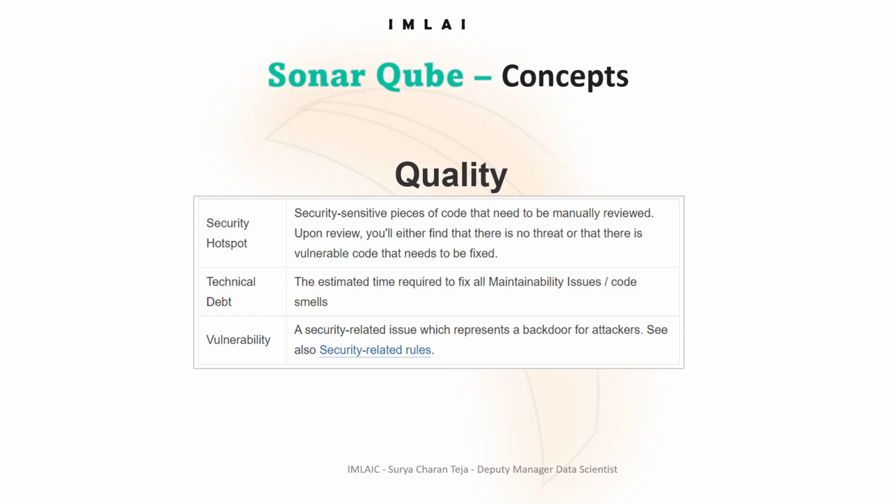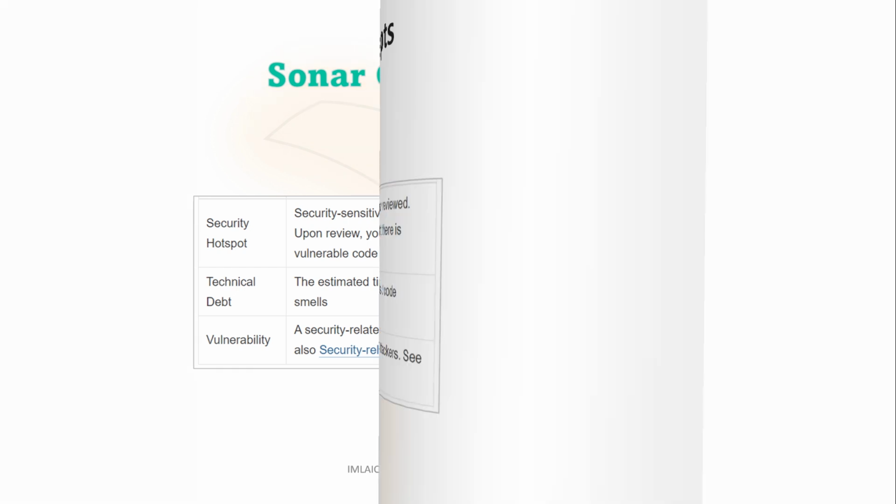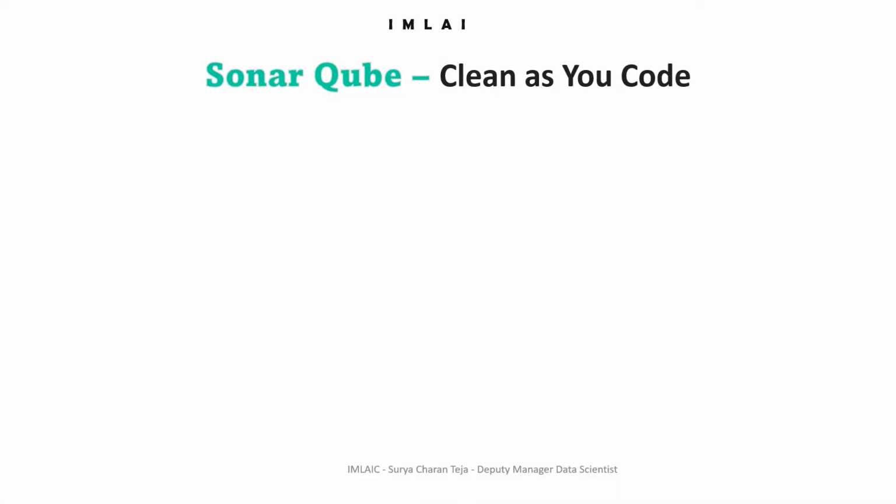Let's look into one more concept, Clean as You Code. We have looked into it before, but now we're going to dig deep into that. So what is Clean as You Code? Clean as You Code is an approach to code quality that eliminates a lot of challenges that come with traditional approaches.